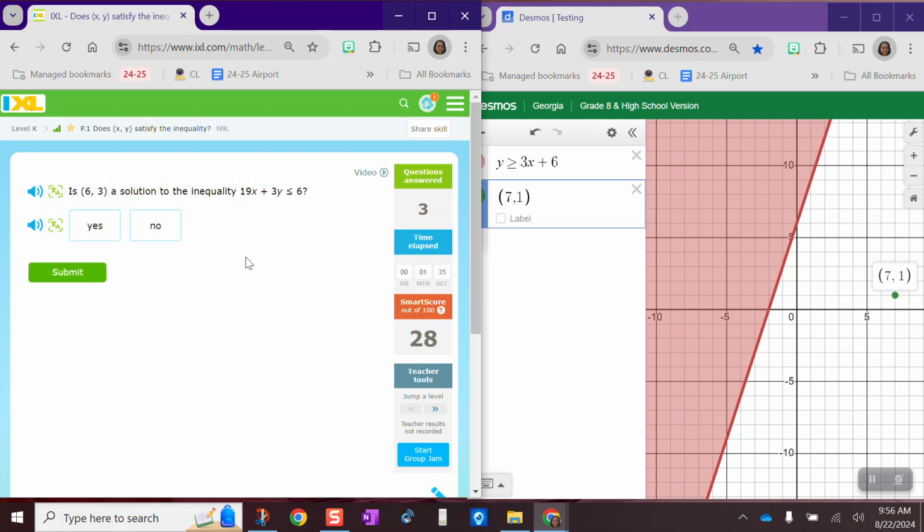Okay, but you have to follow the rules that I gave you in class, and I said solutions are points that are in the shaded area with solid lines. Non-solutions are points that are in the non-shaded area, or if your line is dashed and they're on the dashed line. Okay.